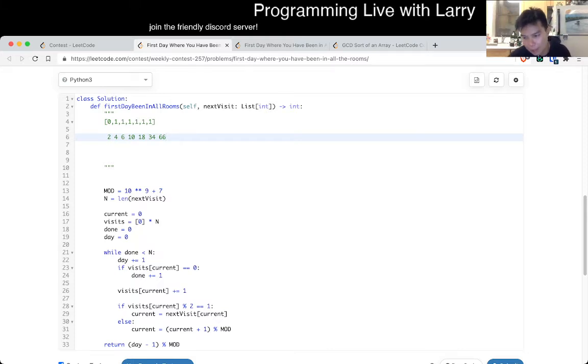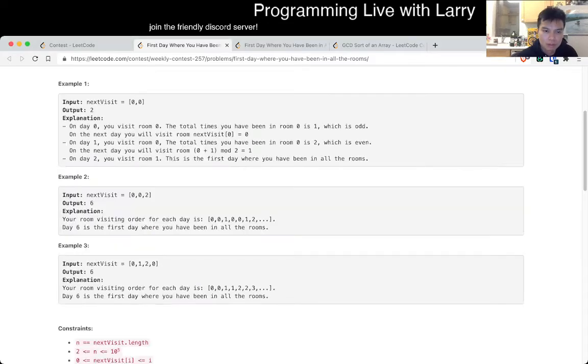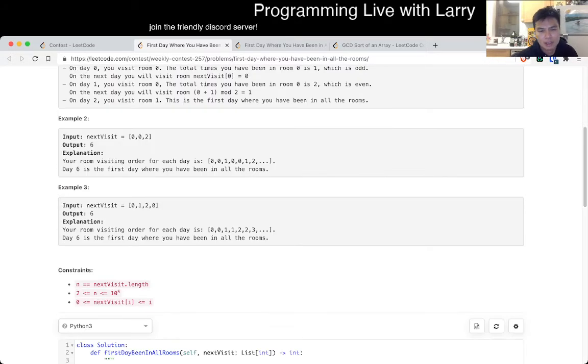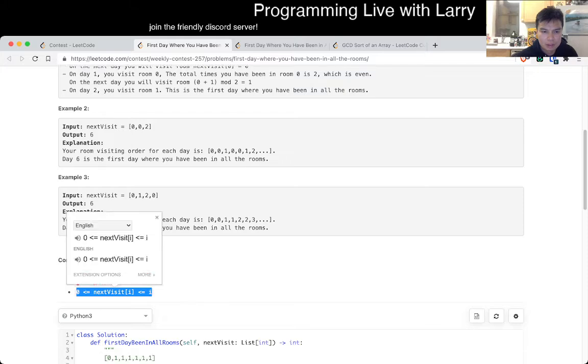How do we skip ahead? I mean, this is the key, but I don't know how to unlock it.